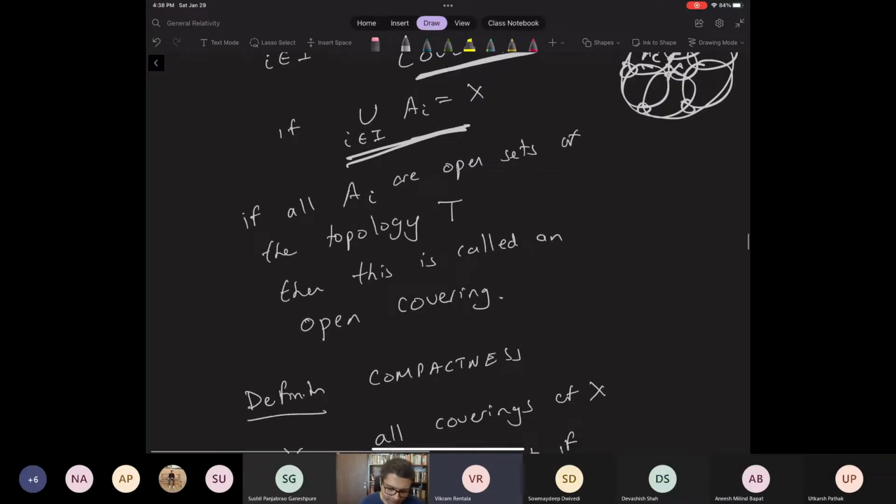Now, if all the A_i are not just any sets, but open sets, that is, they are members of the topology T, then this covering is called an open covering. Can you give me an example of an open covering of the real line with the usual topology?